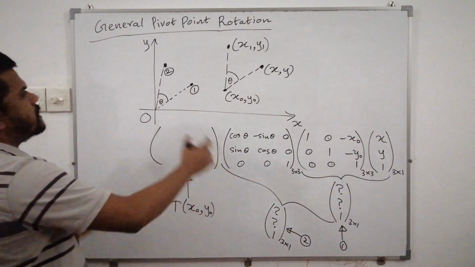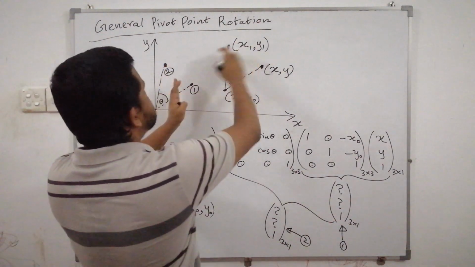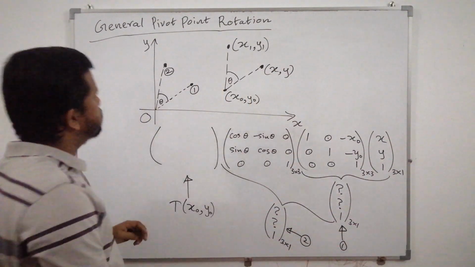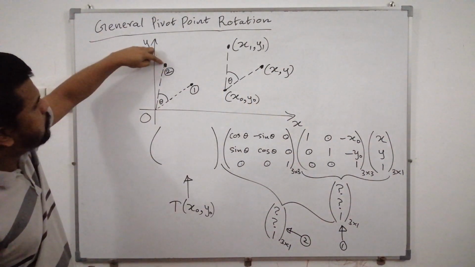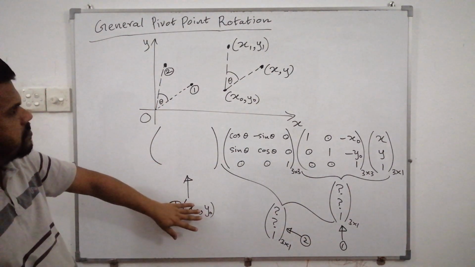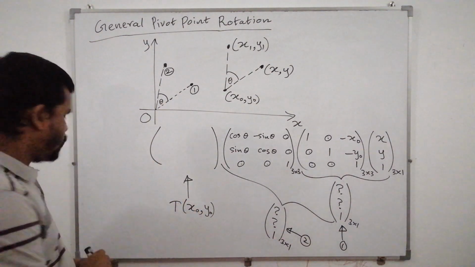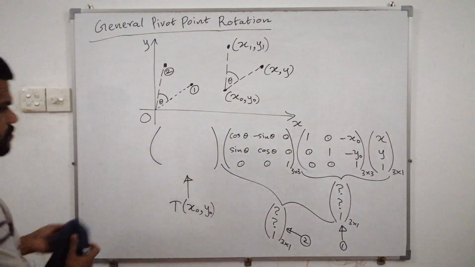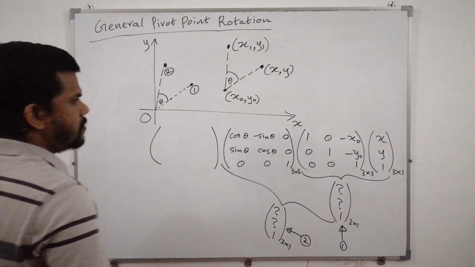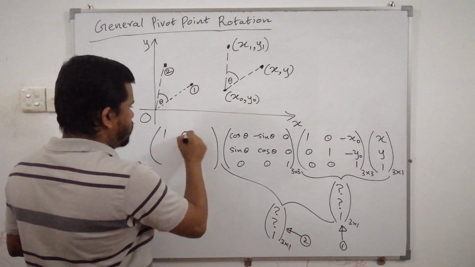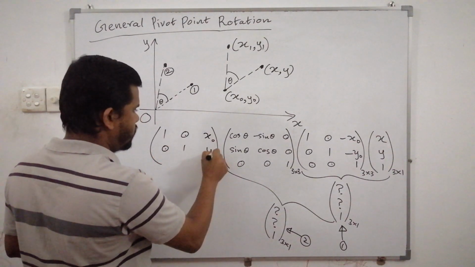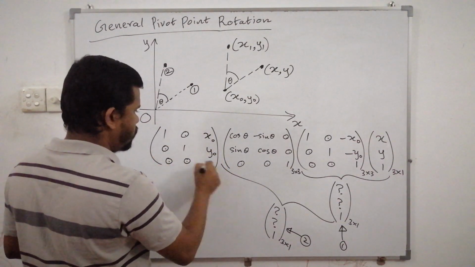We can expect this point is moved to here if we apply this transformation. So we get 1, 0, x naught; 0, 1, y naught; 0, 0, 1.